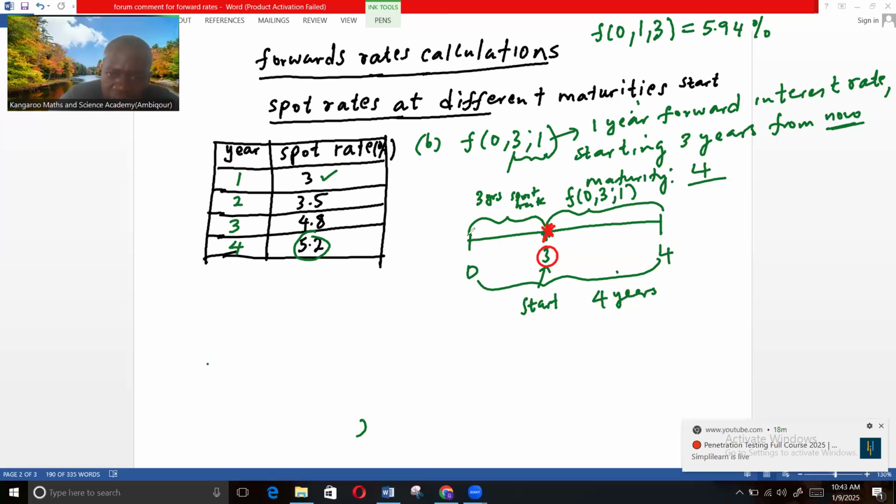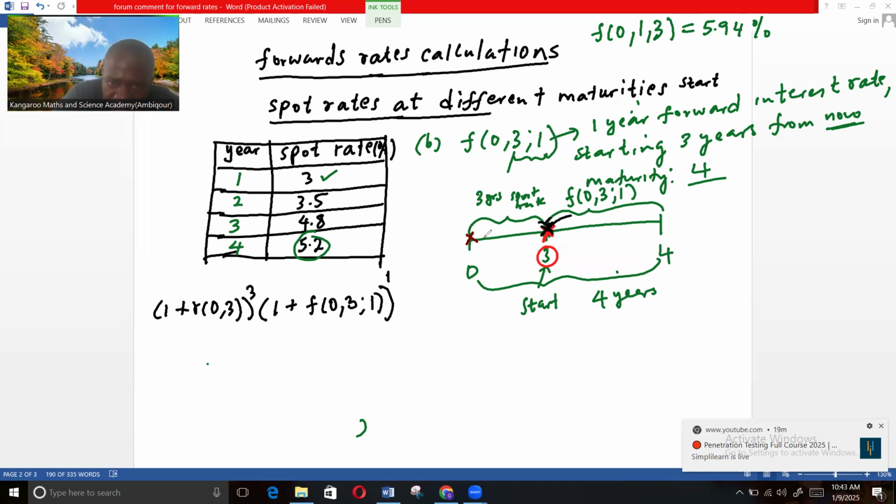I'll say 1 plus the 3-year spot rate to the power of 3, times 1 plus the forward interest rate started in 3 years with a duration of 1, raised to the power of 1.